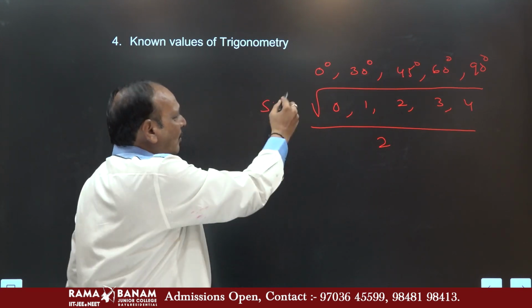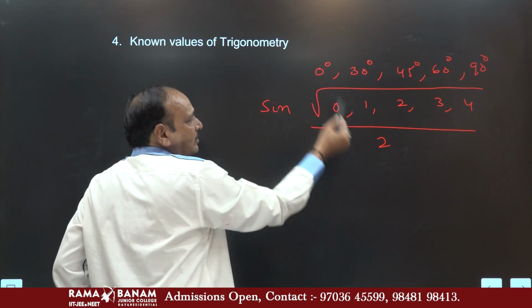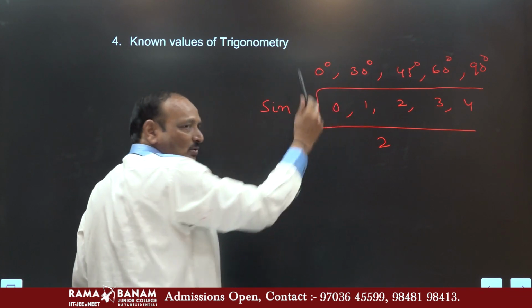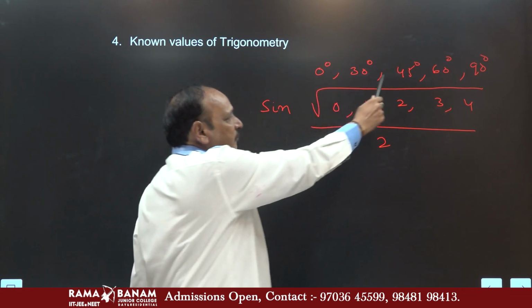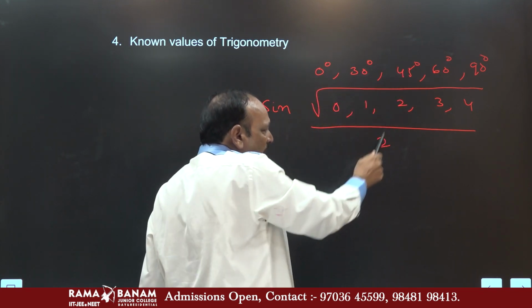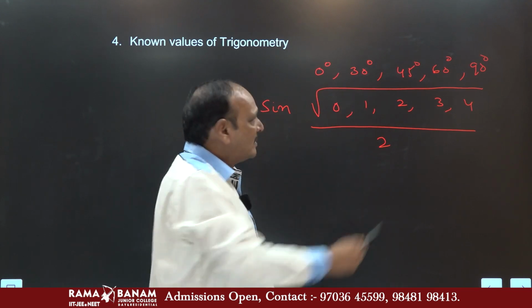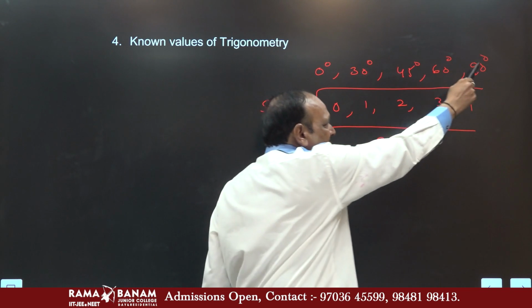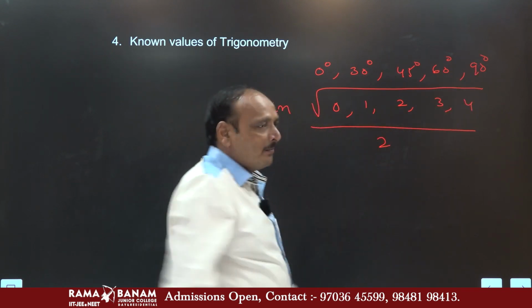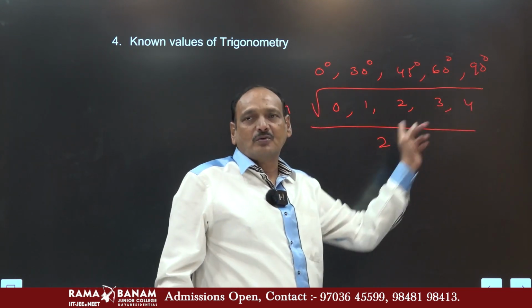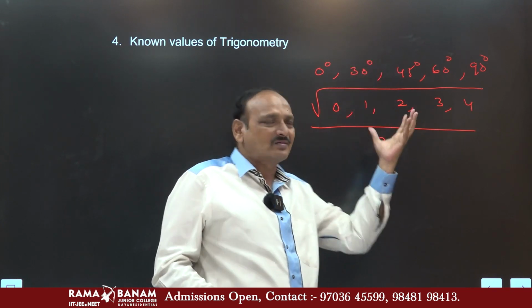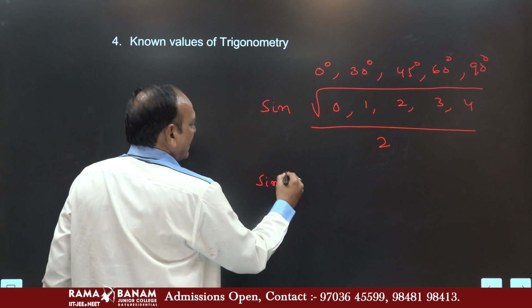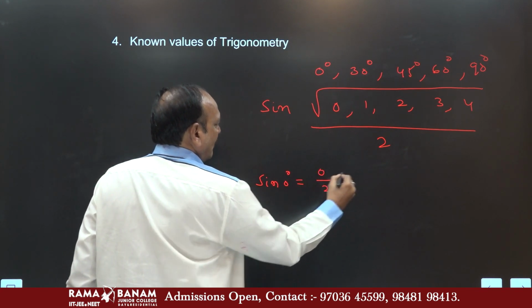Now, sin 0, root 0 by 2, 0. Sin 30 degrees, root 1 by 2, 1 by 2. Sin 45 degrees, root 2 by 2, 1 by root 2. Sin 60, root 3 by 2. Sin 90, root 4 by 2, but root 4 is equal to 2, so 2 by 2 is equal to 1. It's a very simple concept. Again, sin 0 degrees, we can write 0 by 2, 0.